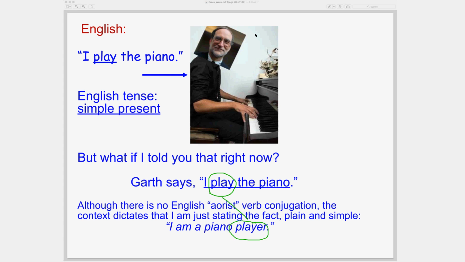Okay, so the indicative is past tense, and then for the subjunctive and optative and imperative, you do it differently, and this is what makes it all complicated. If you apply what I'm telling you, according to the ancient Greek definition, then it all makes sense. It's always just stating the fact. It's just that they talked differently. The historical narratives were never in the past tense, as we in English understand past tense.